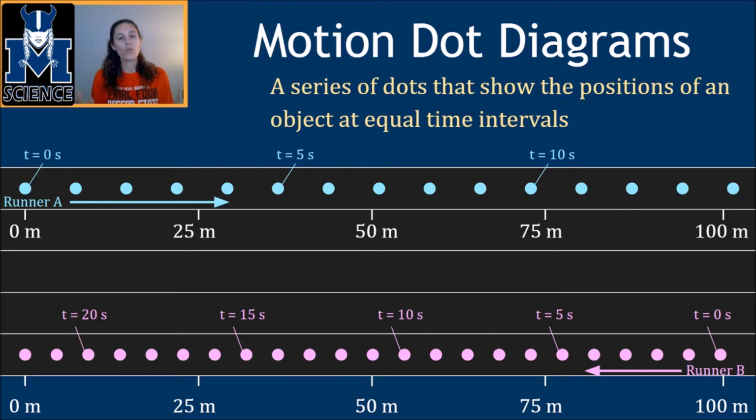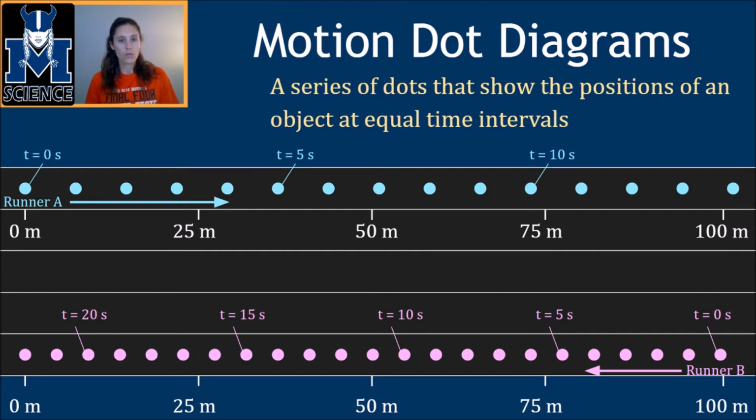Before you compare dot diagrams, you do have to know if the time intervals are the same between each dot. But here we see that runner A is traveling faster, and runner B is traveling in the opposite direction and slower. With dot diagrams, you have to pay attention to the time that's shown to tell the direction.